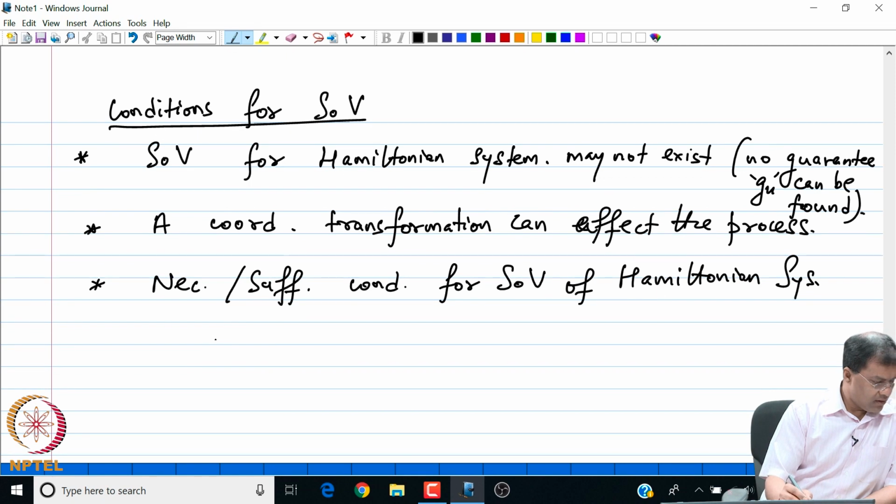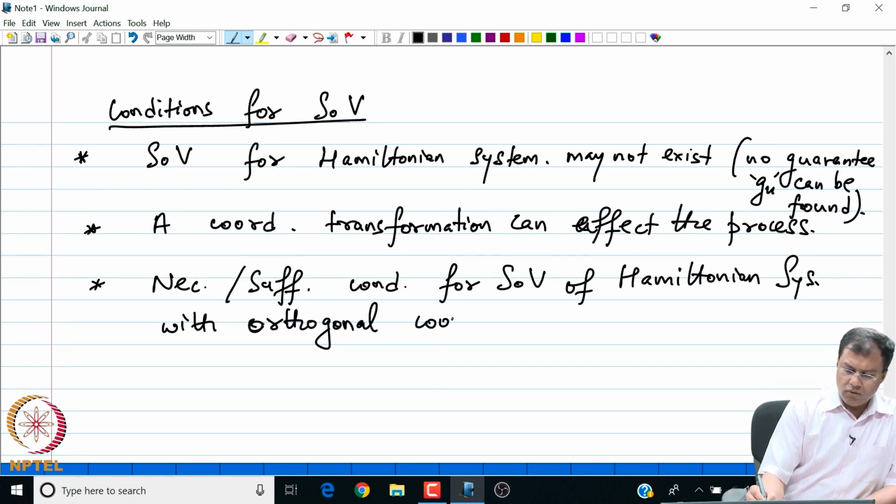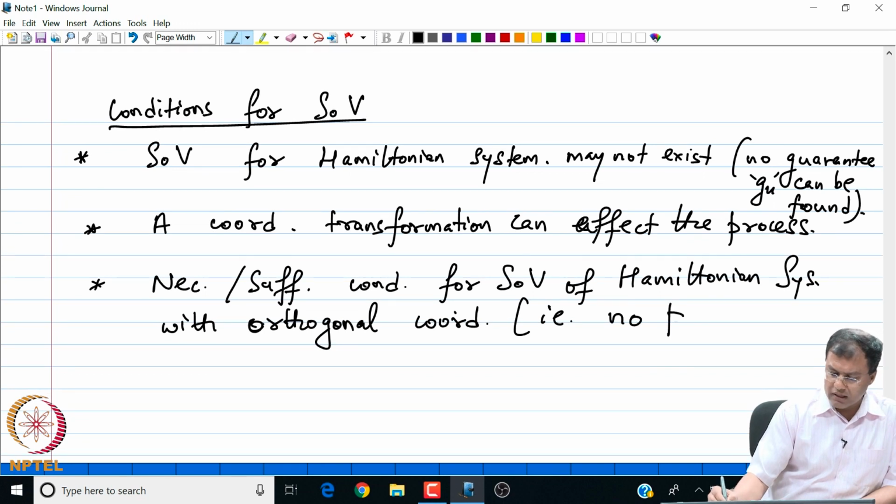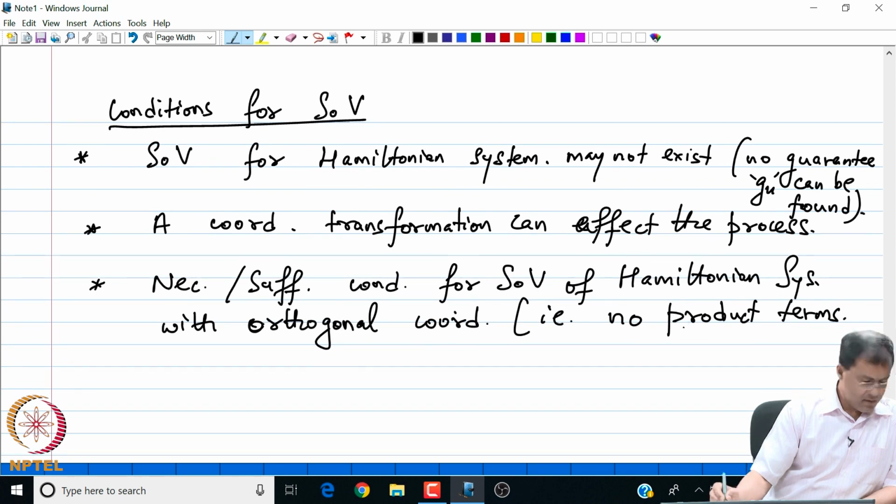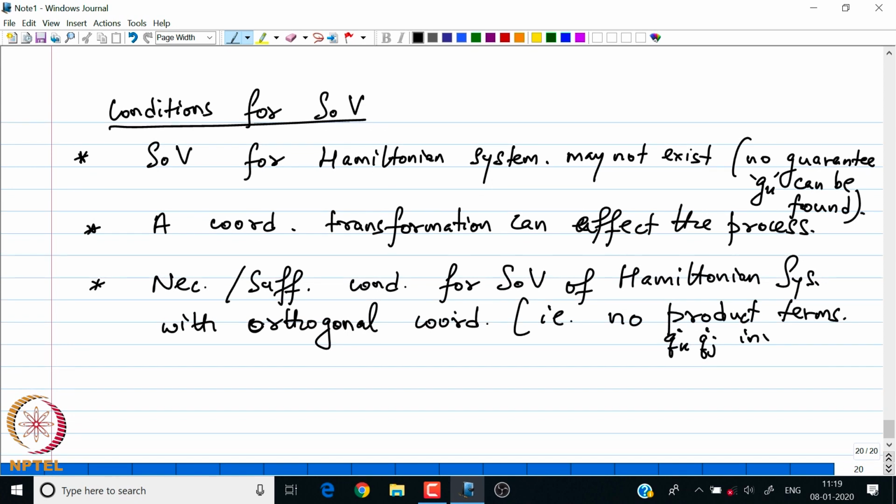First, with orthogonal coordinates. What do I mean by an orthogonal coordinate system? That is a system in which no product terms q_k dot q_j dot are involved in our Hamiltonian H. Those are my orthogonal coordinate systems.